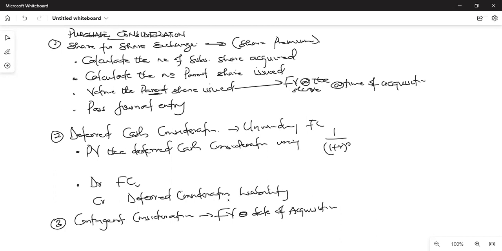Now, don't forget that the standard IAS 37 talks about provisions, contingent liabilities, and contingent assets. All right, we need to account for these things under provisions, contingent liabilities, and contingent assets. Because what you see here is that there is a contingent liability in the form of cash. If what they promised is cash, it means there is a contingent liability of cash.